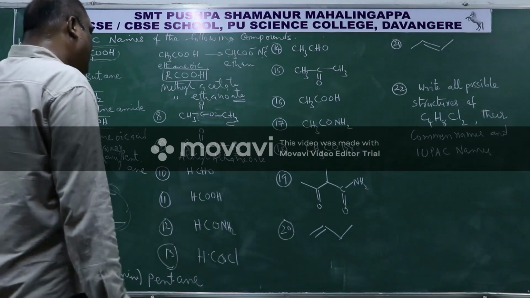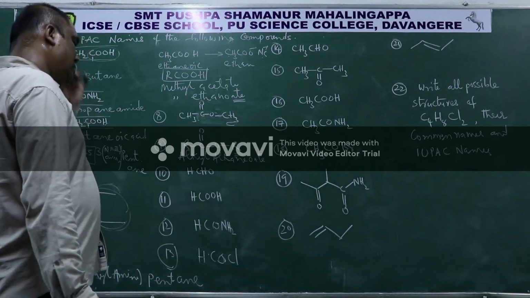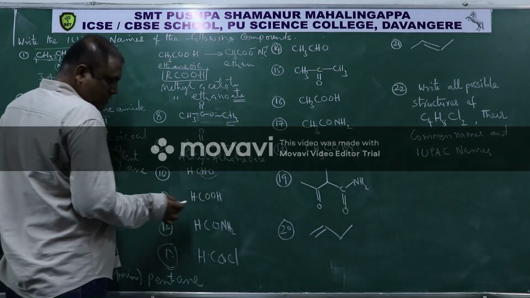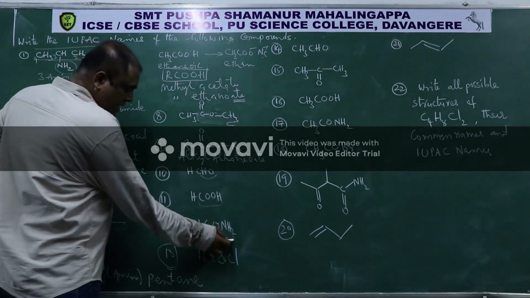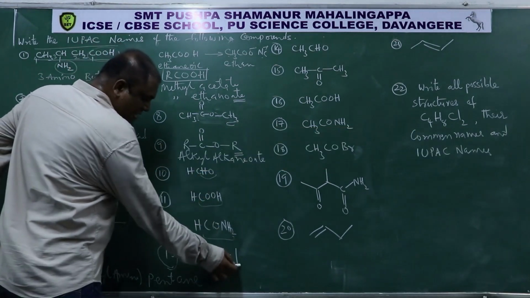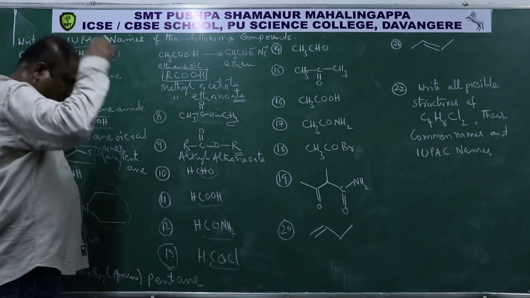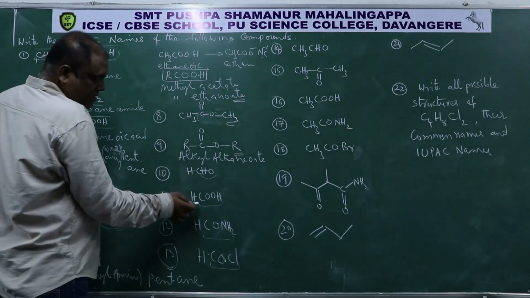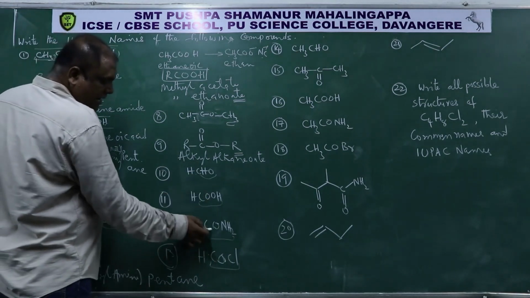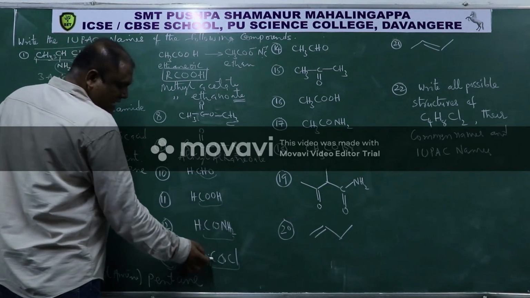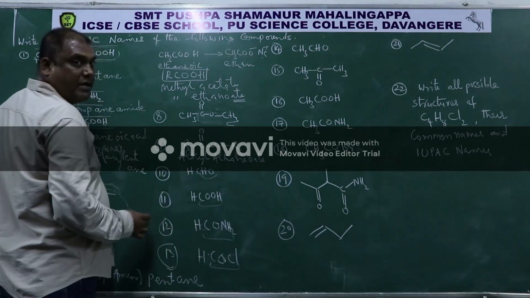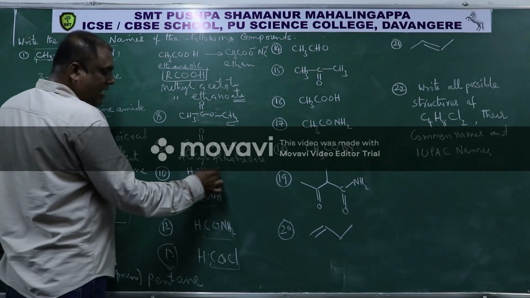Then see here, this is H. This is the aldehyde group, this is the acid group, this is the amide group, this is the acyl halide group. Aldehyde attached to H, acid attached to H, amide attached to H, acyl halide attached to H. Therefore, HCHO, common name, formaldehyde.